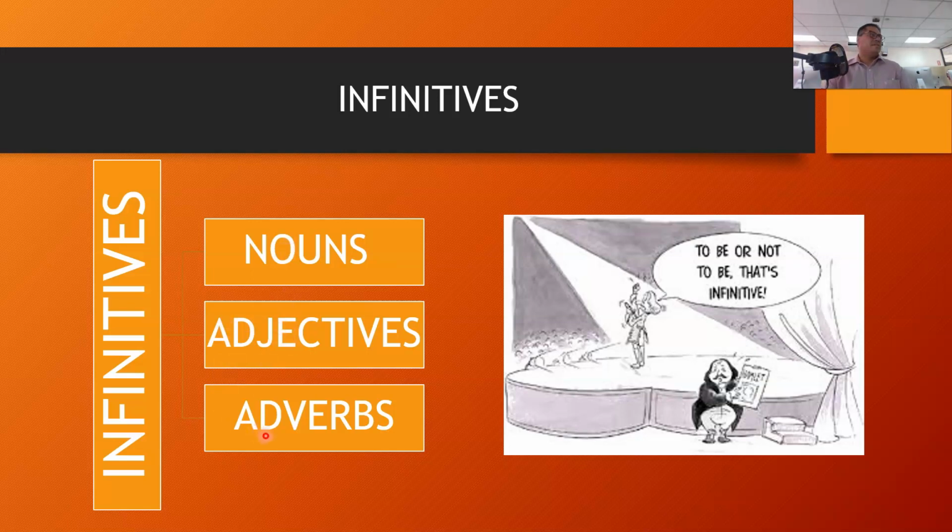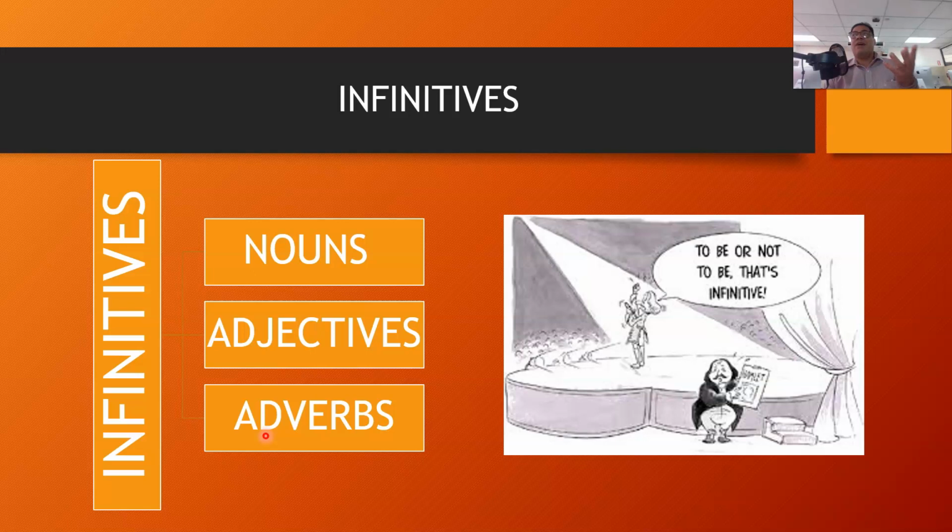Because of this multiplicity of parts of speech that the infinitive may assume, we can say that the analysis of the infinitives is the most difficult one, because we have to decide if the infinitive is a noun, if it's an adjective, or if it's an adverb.